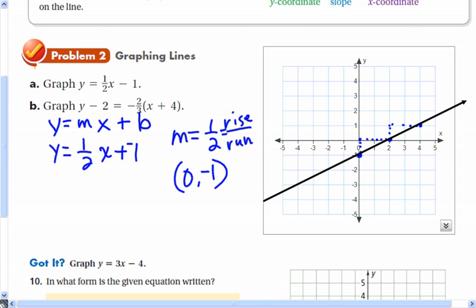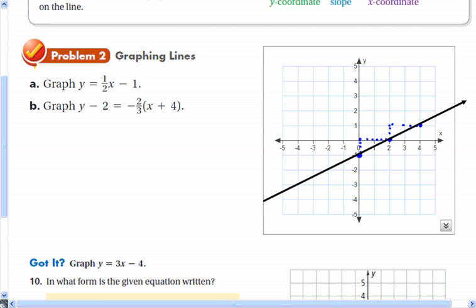Now the second one is written in point-slope form. Go ahead and label that one line A. Line B is written in point-slope form, which is y minus y1 is equal to the slope times the quantity x minus x1. So we can see from this that my y1 value is 2.